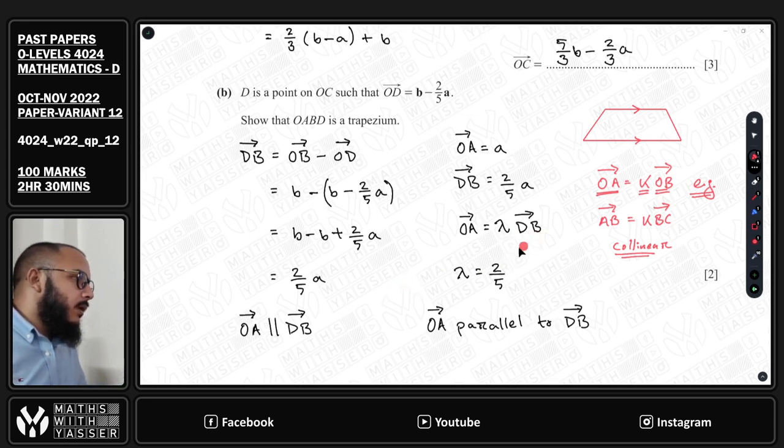So I have managed to prove that OA is connected with a constant to the line DB, and that constant is 2 over 5. Hence, OA is parallel to DB.